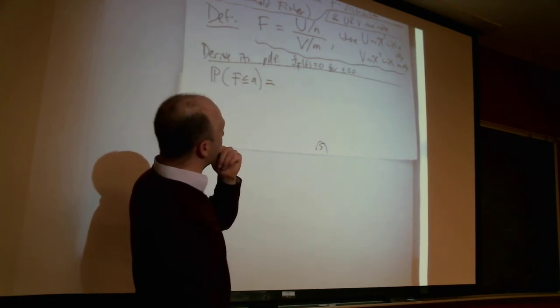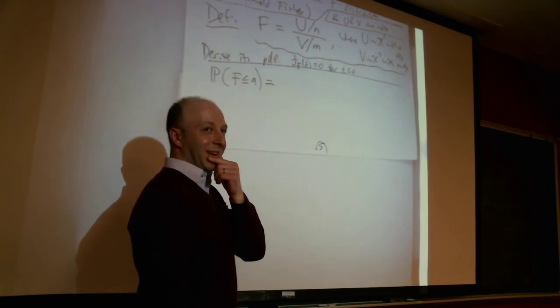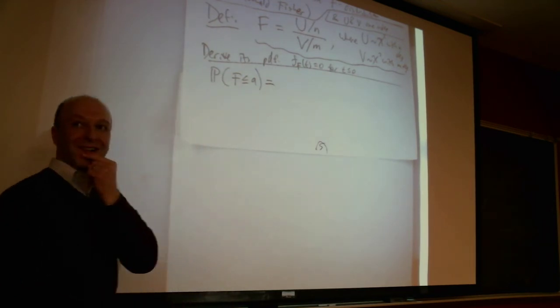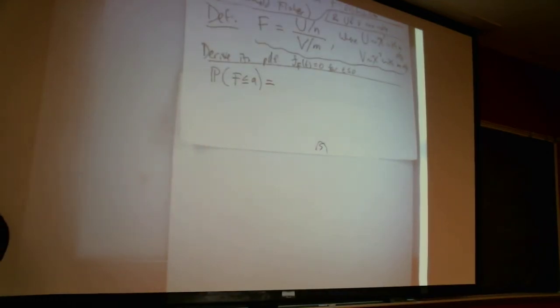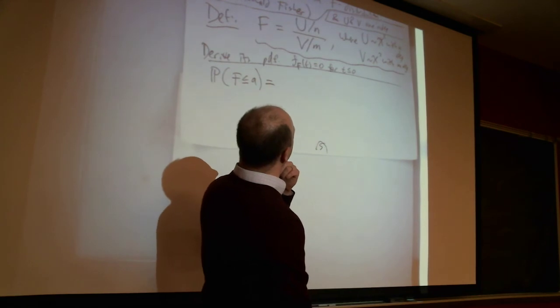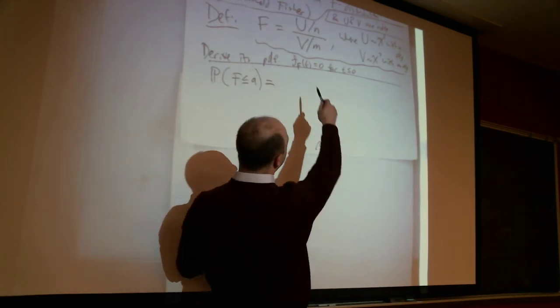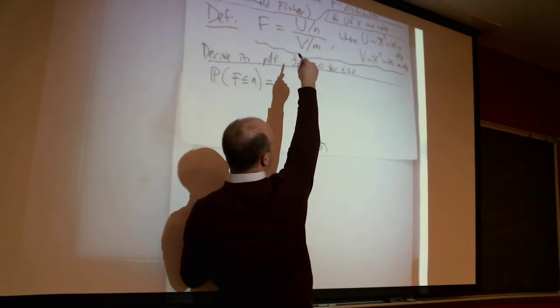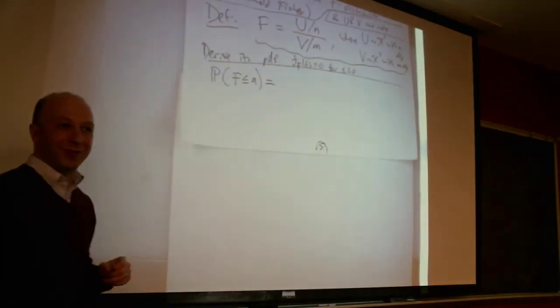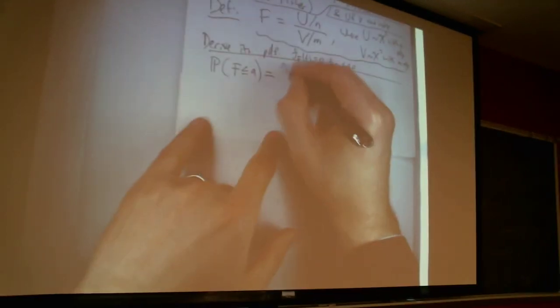Do you have a guess as to which one we should integrate first? I would have guessed u, and you will see very quickly why it's better to do v on the outside. Because v is in the denominator, so it's easier to mess with u, because u is going to have nice things. So let's integrate in v.